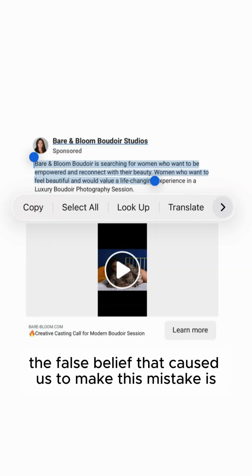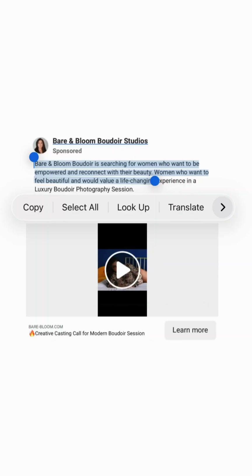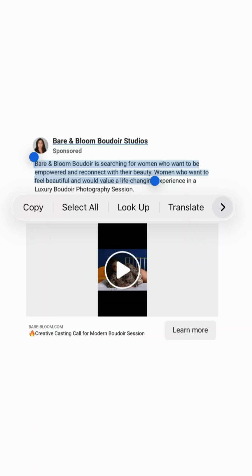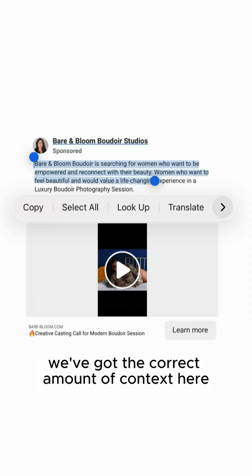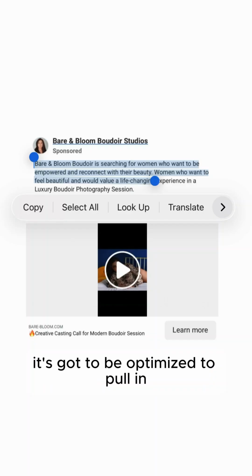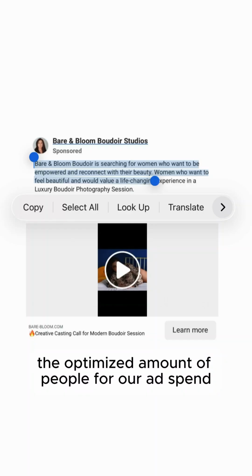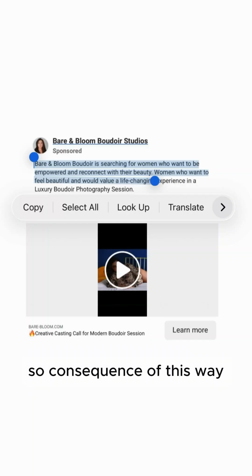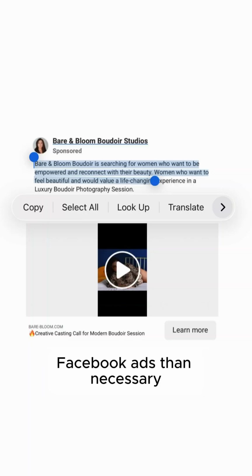The false belief that caused us to make this mistake is that we actually believe we've got the correct amount of context here. It's got to be optimized to pull in the optimized amount of people for our ad spend and get the wrong people to scroll on by. So the consequence of this: way more people are going to be scrolling by our Boudoir Facebook ads than necessary.